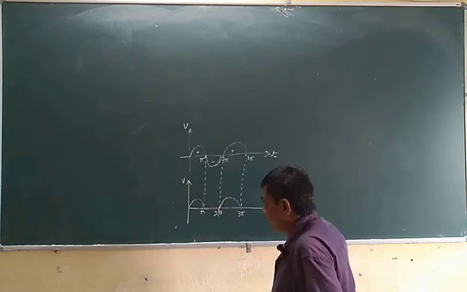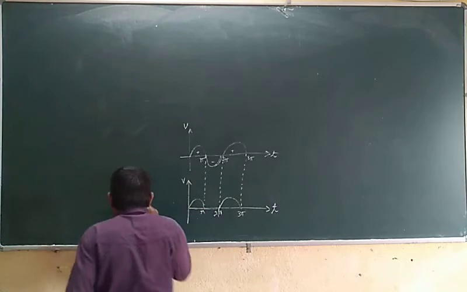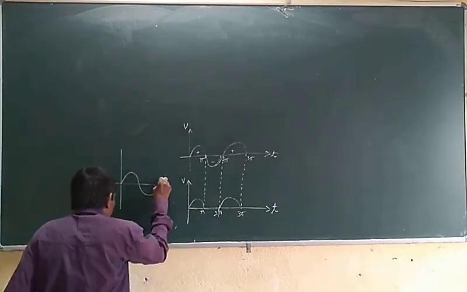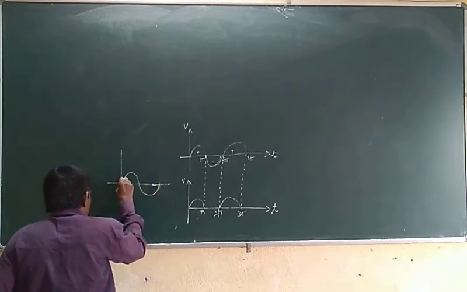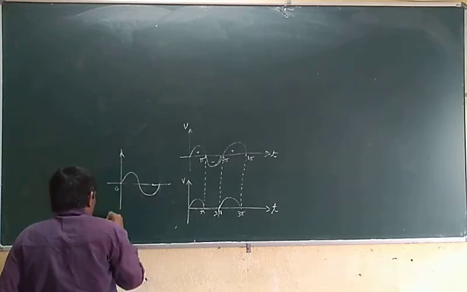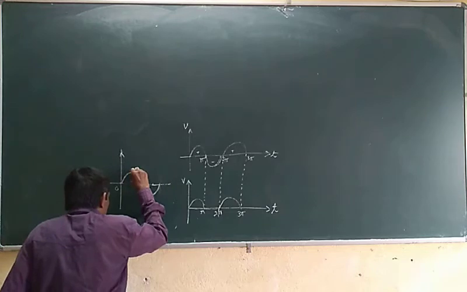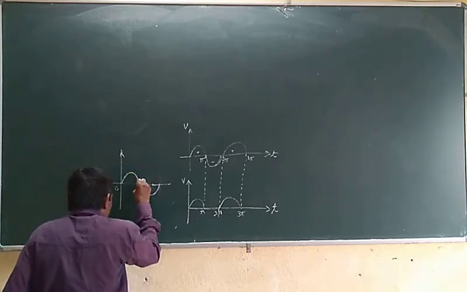In this cycle, we consider when a signal starts from the origin, reaches the maximum point, then reaches the axis, that is a half cycle.